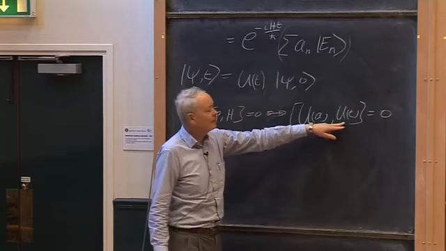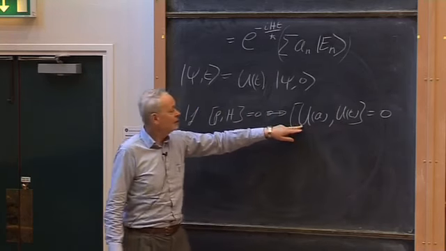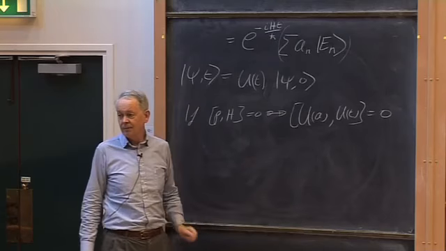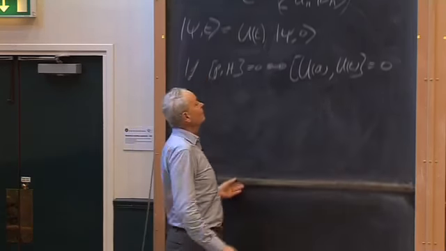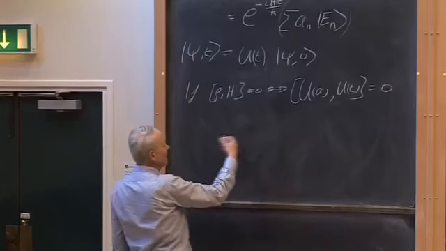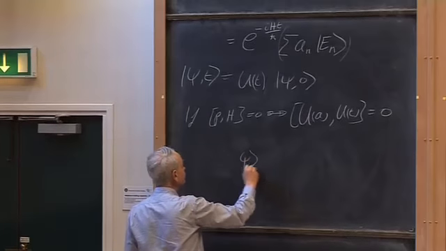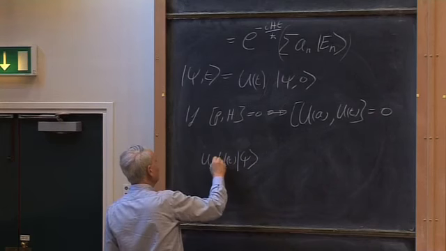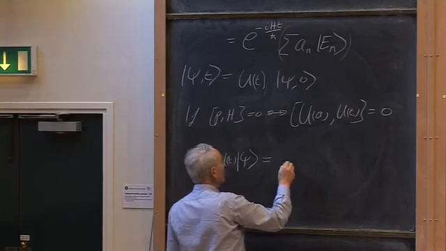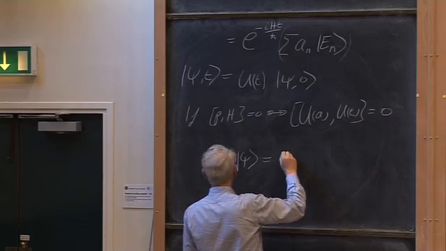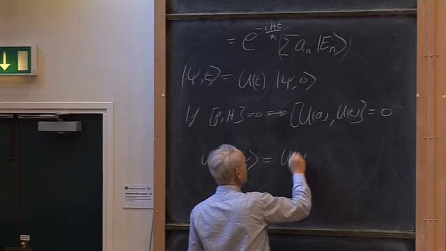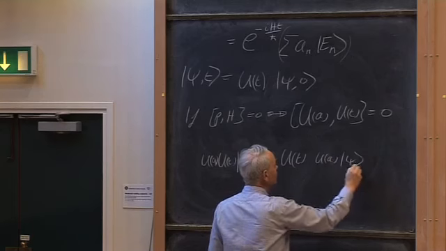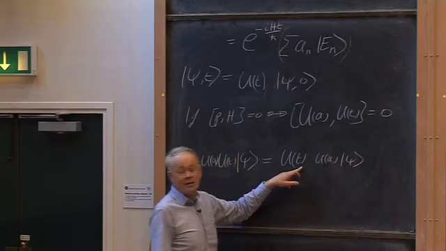Right? This is the thing that moves you forward in time. This is the thing that makes you a new system, shoved along the bench by A. So what does that tell you? That tells you that if you take the state of your system and evolve it in time, and then shove it along the desk, you will have exactly the same state as if you take your system, shove it along the bench, and then evolve it in time.